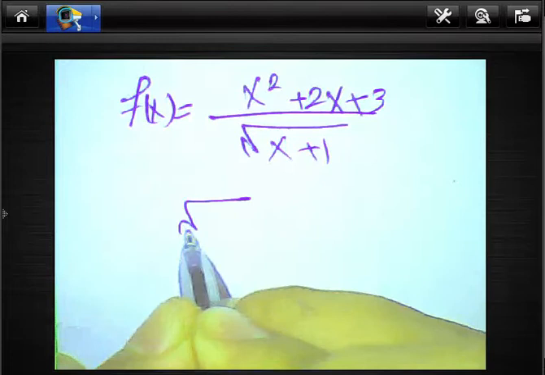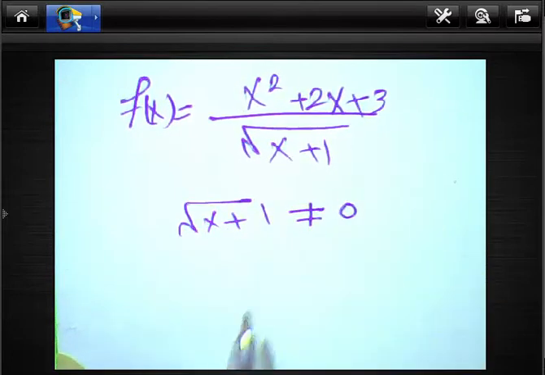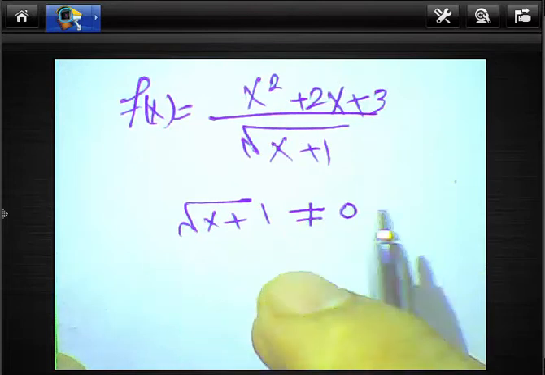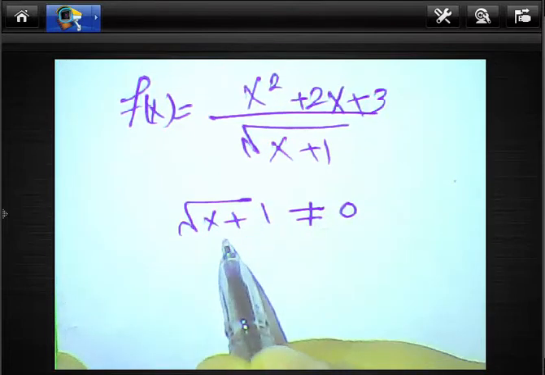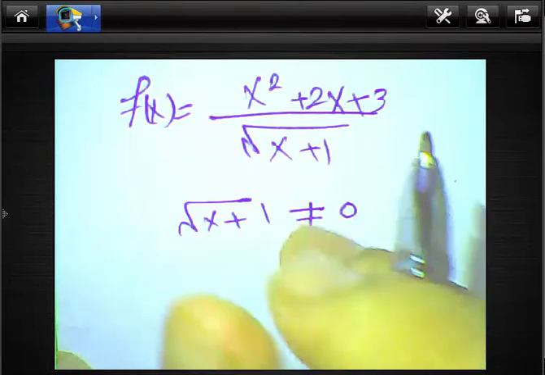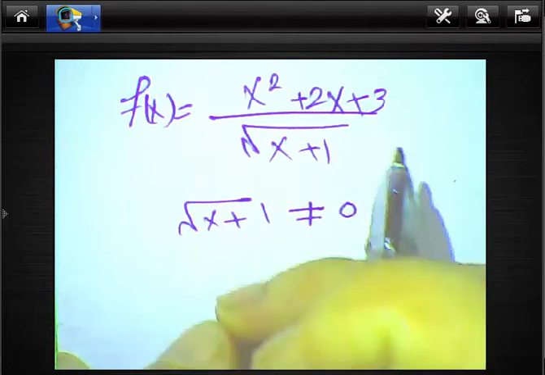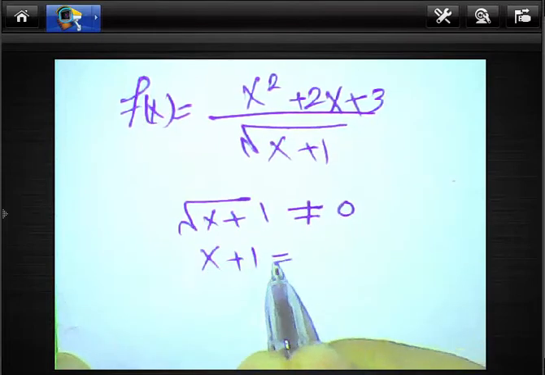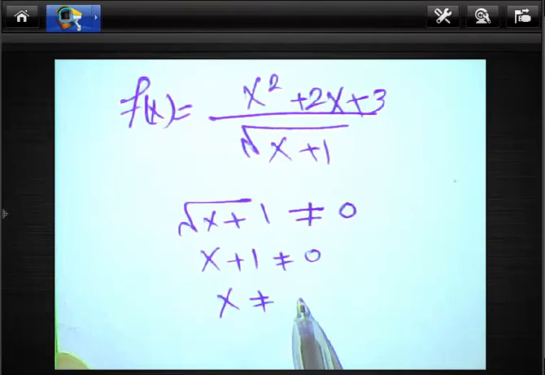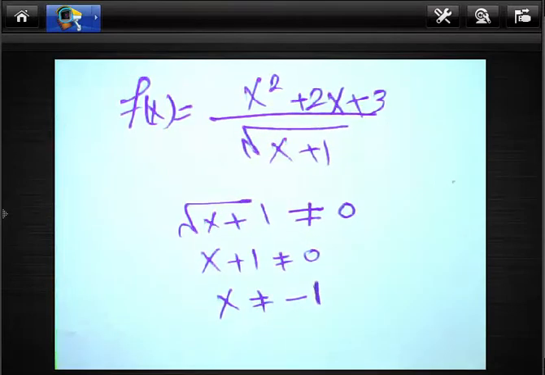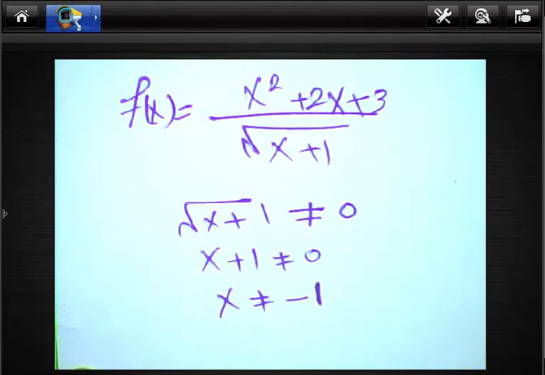So root x plus 1 must not equal to 0. We can find the result: under this root equal 0, we can square this expression, x plus 1 not equal to 0, and x not equal -1.